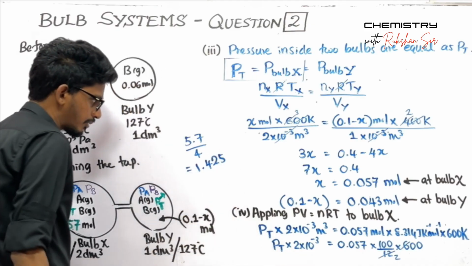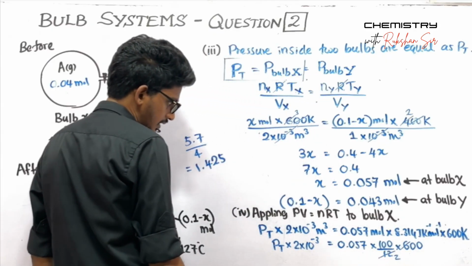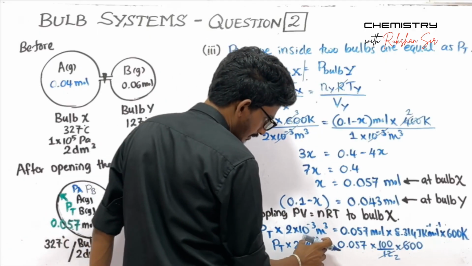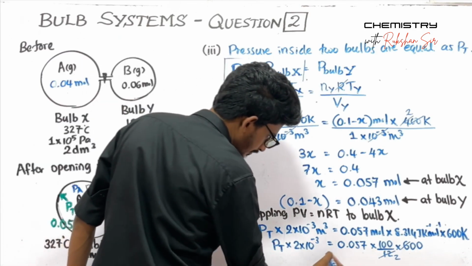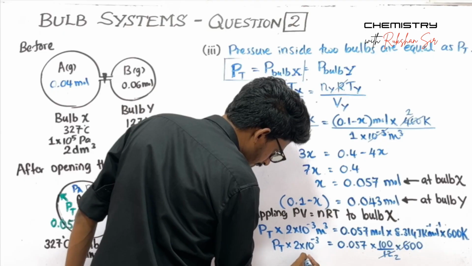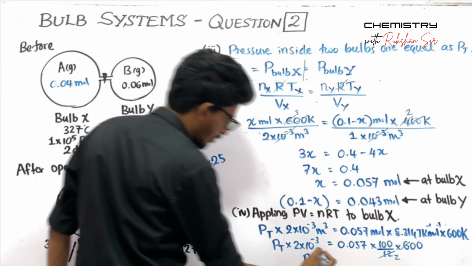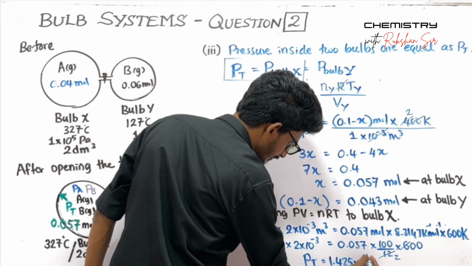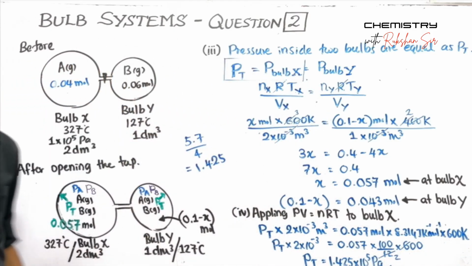So 1.425 into 10 to the power 5. So the pressure P total is equal to 1.425 into 10 to the power 5 pascals. The answer is clear.